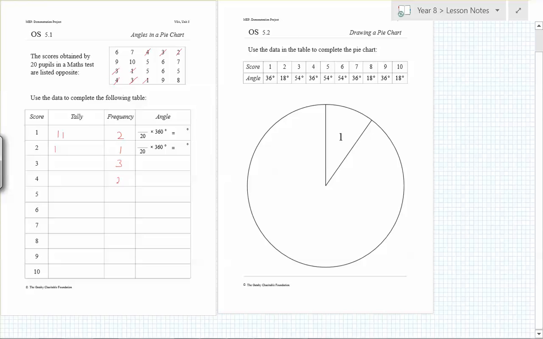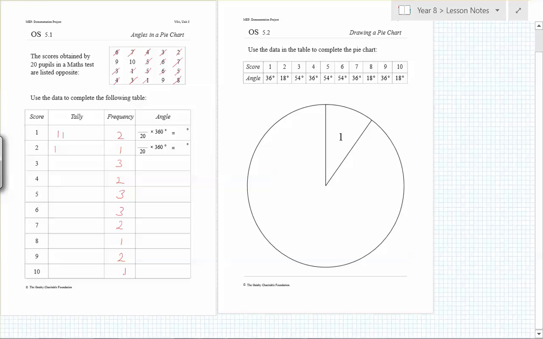How many 5s are there? 3. 1, 2, 3. How many 6s? 3. Just do it while you're writing. 7. 2. 1. No, 2. 8. 1. 1. 2. 9. 2. 10. 1.